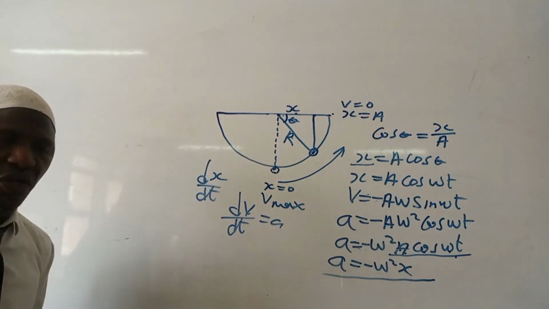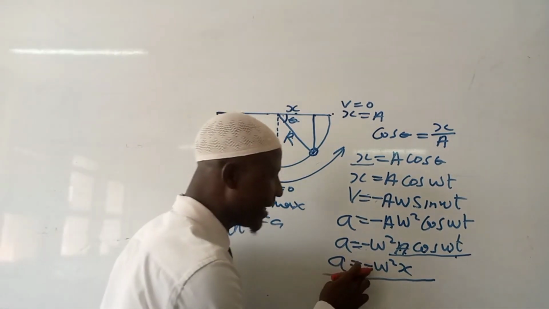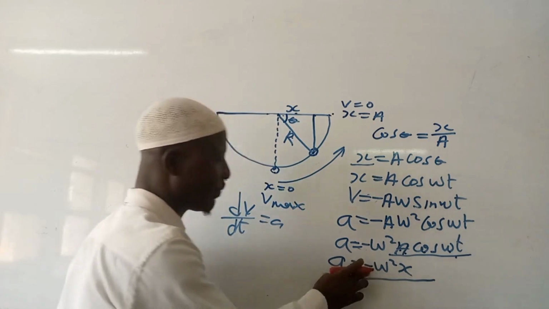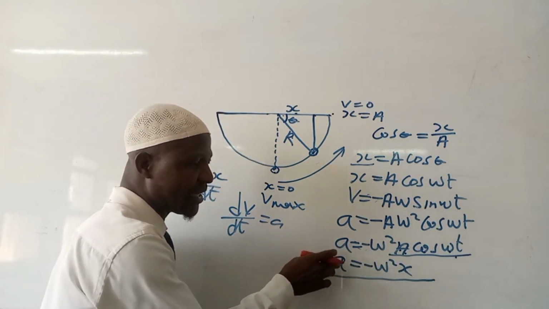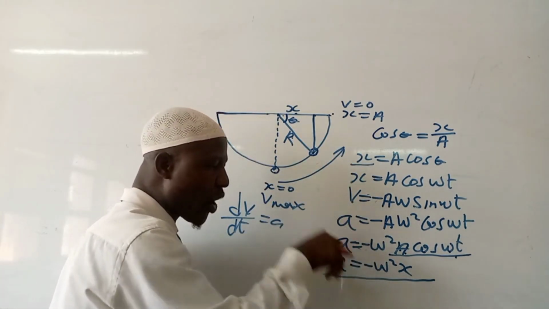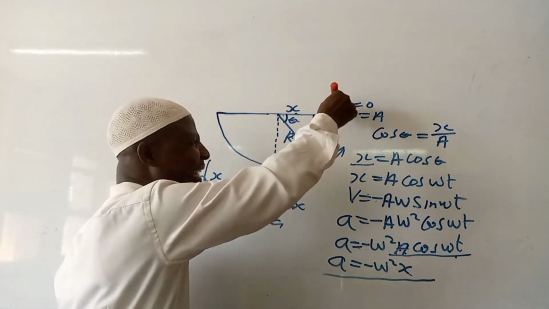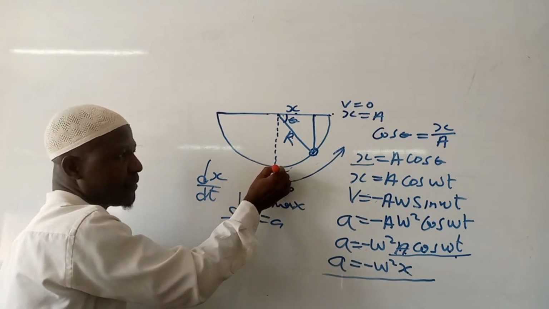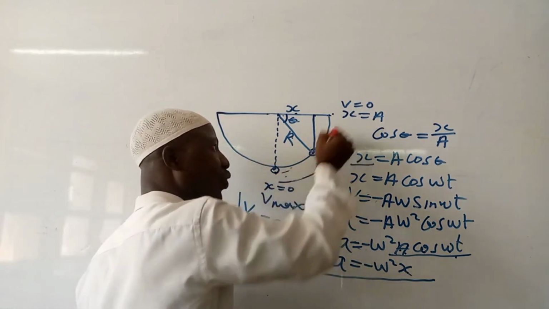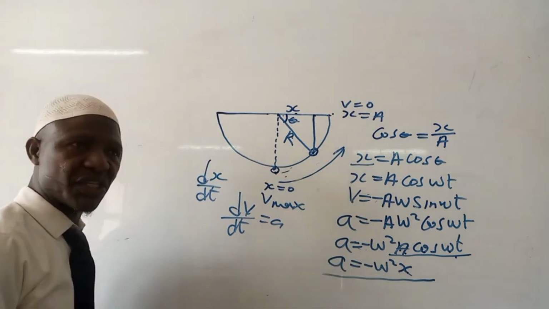So this is the formula for acceleration of a simple harmonic motion, where this negative indicates that the acceleration is in the opposite direction to the what? Displacement. You can see because acceleration is directed towards this fixed point, but displacement is directed towards this side. So they are opposite to each other.